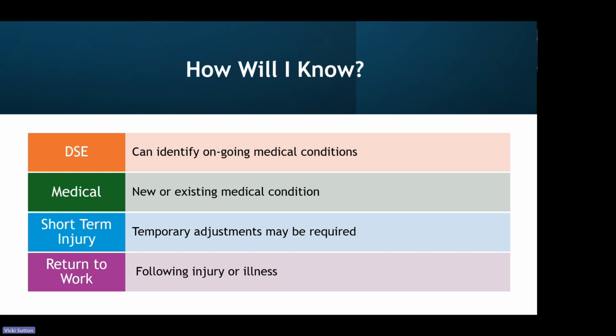That can identify where somebody may have an ongoing medical condition. It may become apparent as you're going through that assessment with them. It could be anything from managing their workload and stress to carpal tunnel syndrome and other medical conditions that come out in conversation that you may not be aware of.